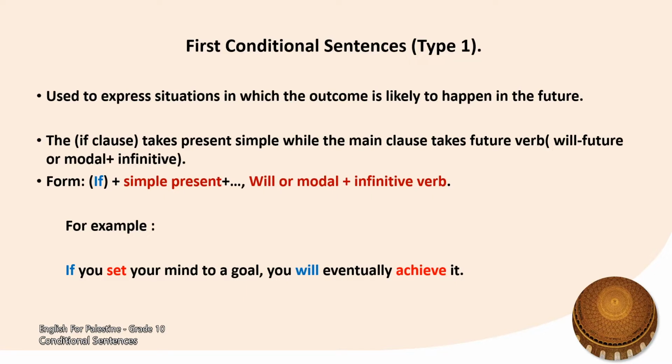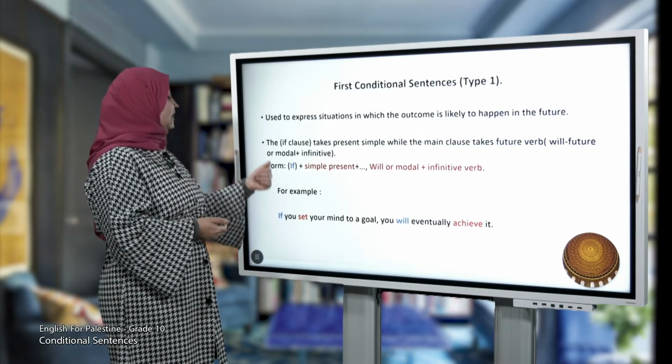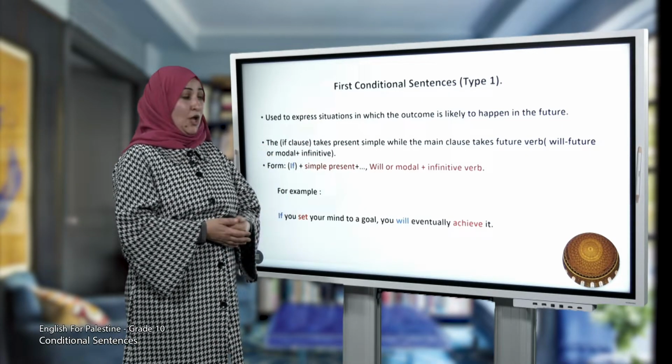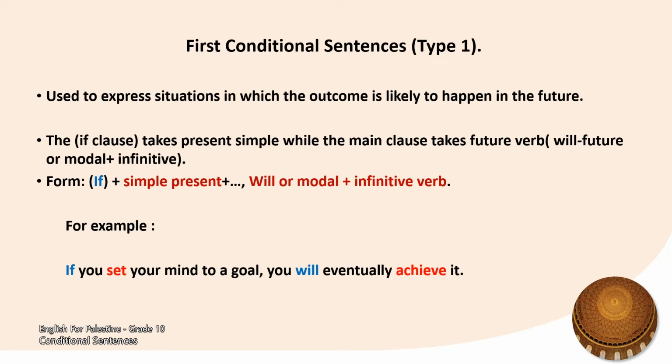First conditional sentences, or type 1, are used to express situations in which the outcome is likely to happen in the future. The if clause takes present simple, while the main clause takes a future verb, which is a modal, plus verb infinitive, such as will. The form is if plus present simple verb with the if clause.